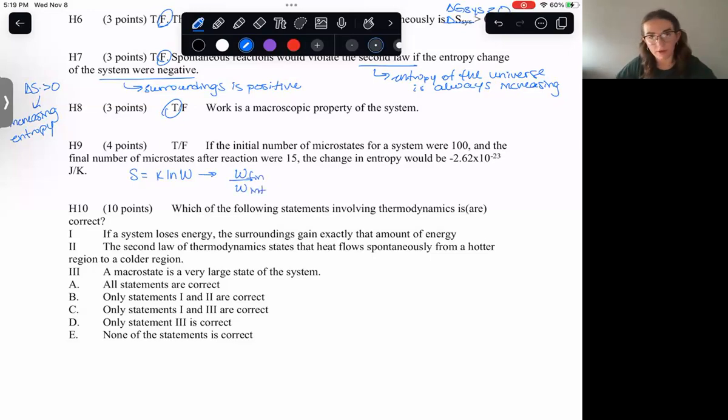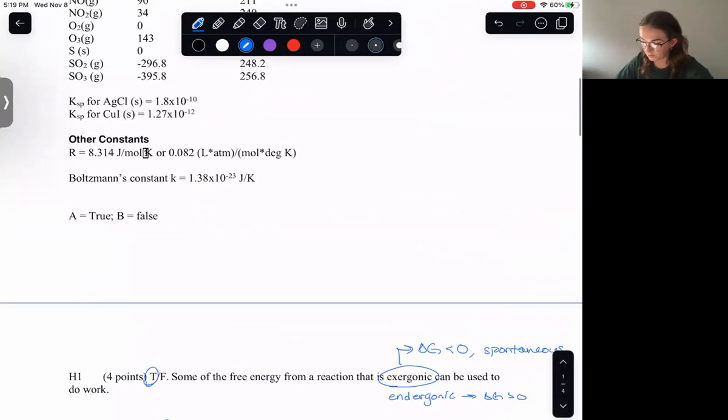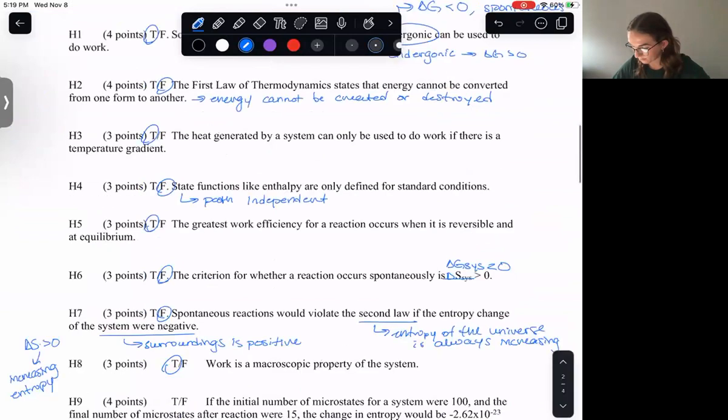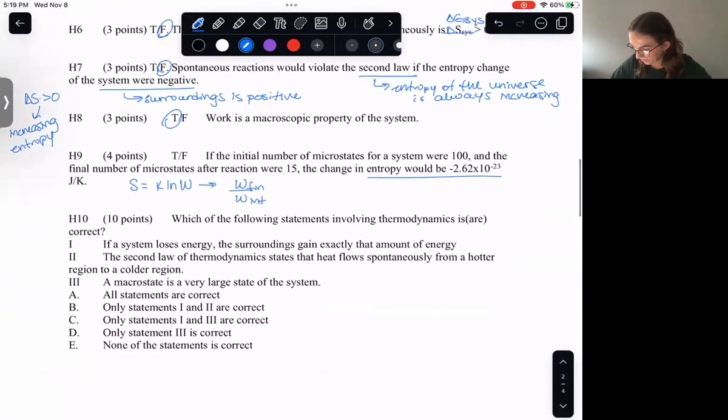So S is what we're solving for here, right? The entropy. K is a constant and it is given to you at the top of your page. So we have 1.38 times 10 to negative 23.